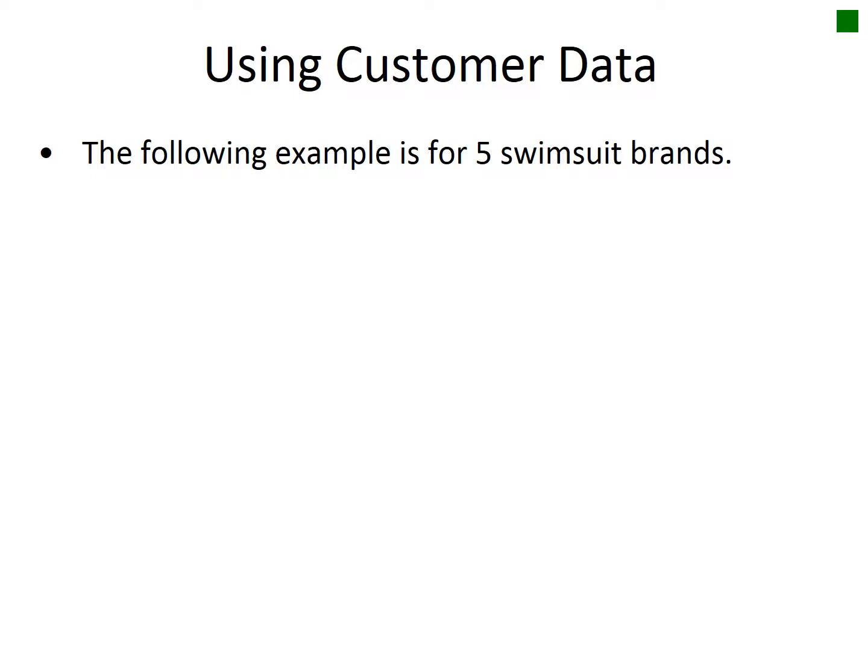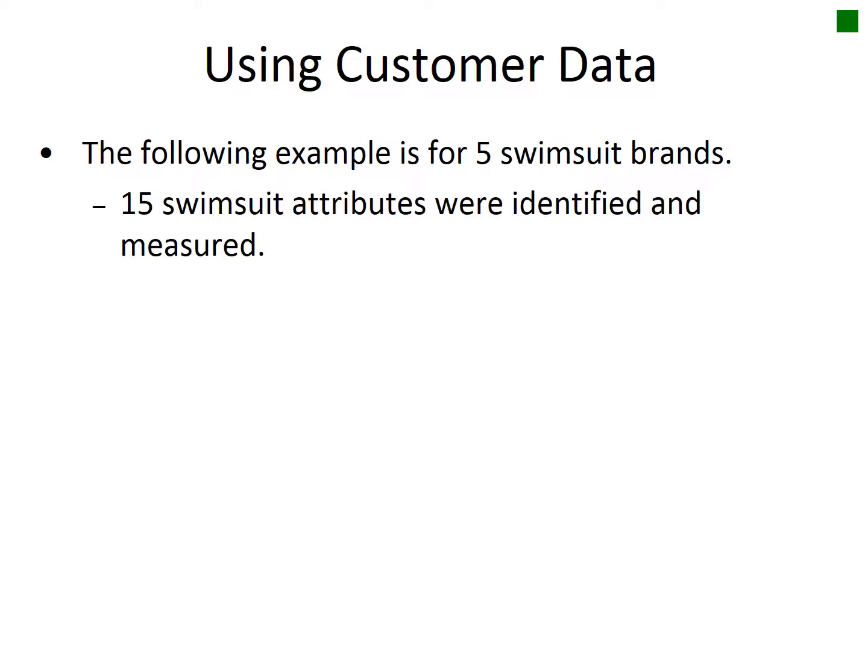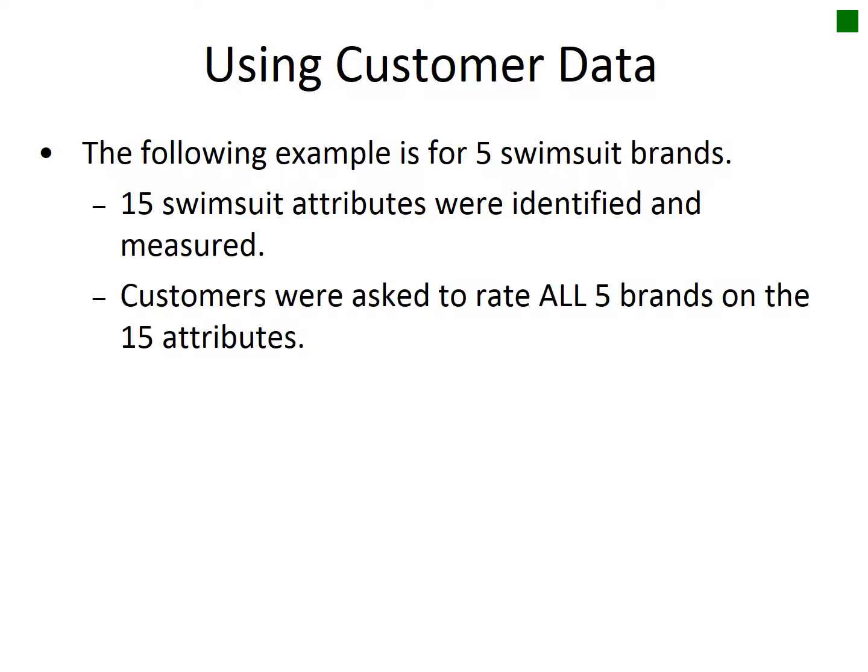In this example that we'll walk through, we have swimsuit brands, and these brands will be measured through a survey. The related attributes and features will be rated by customers. 15 different swimsuit attributes or characteristics are identified and measured.